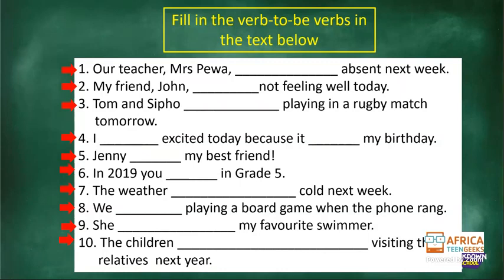The children are going to visit. The children will be visiting. There we go. Very good. Well done. That was very good. Excellent. Wow. So here were the answers that you just heard.